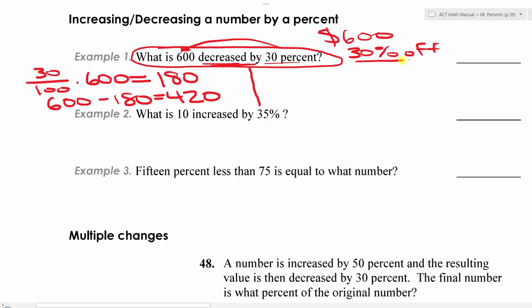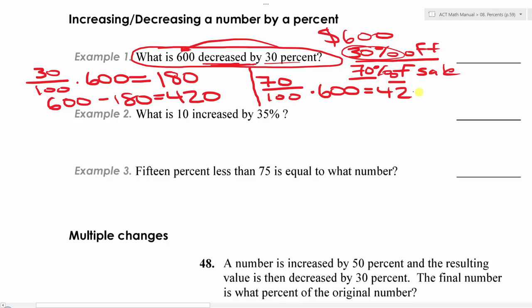In other words, if you saw a 30% off sale, that would be the same as a what percent of sale? And the answer is 70%. If you take 30% off of something, you are going to pay 70% of that thing. So the one-step solution here is simply to take 70% of 600, and then you get 420.